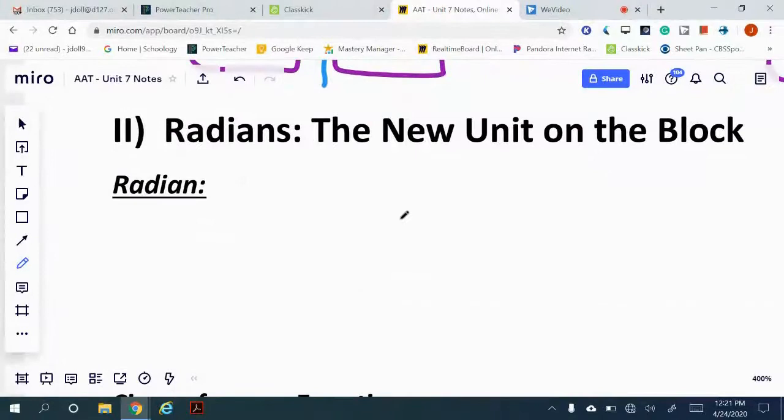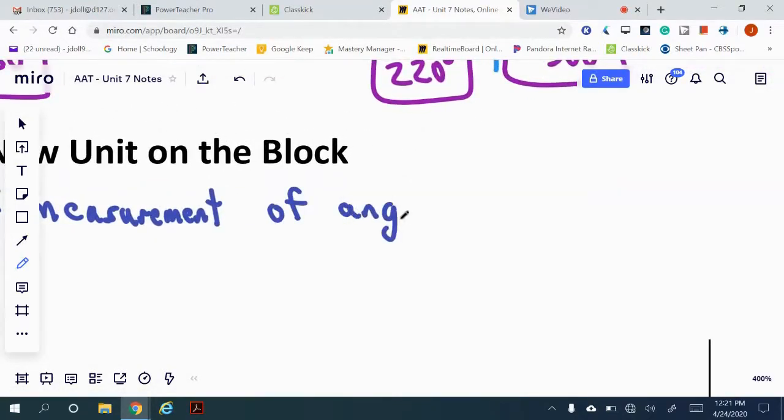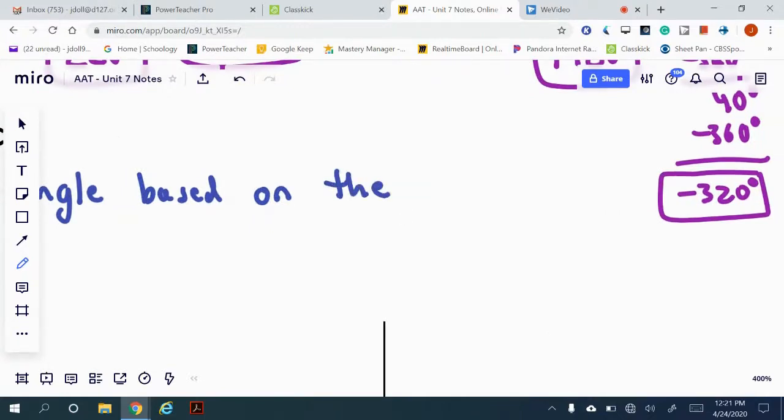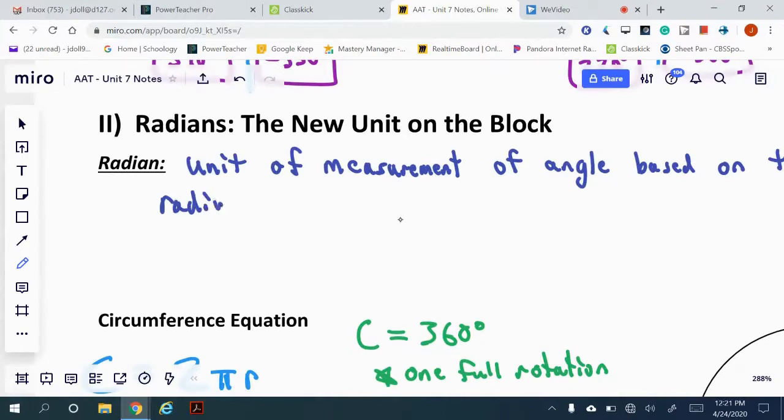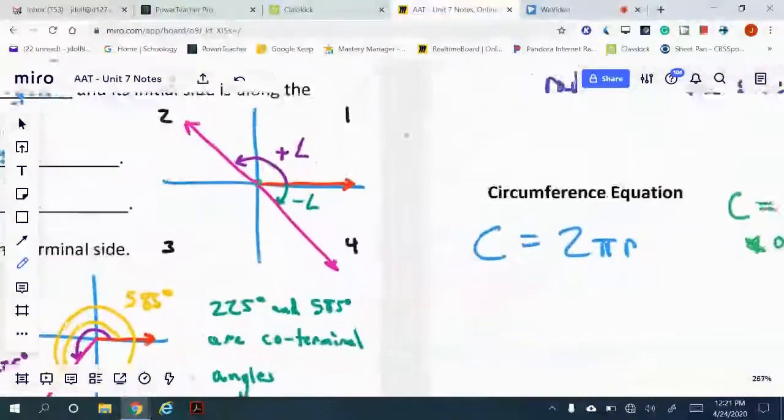So a radian is a unit of measurement of an angle based on the radius of the sides used to create that angle. All right.